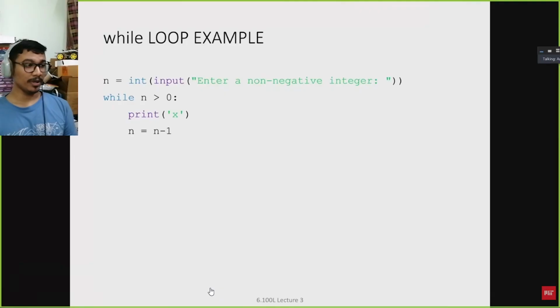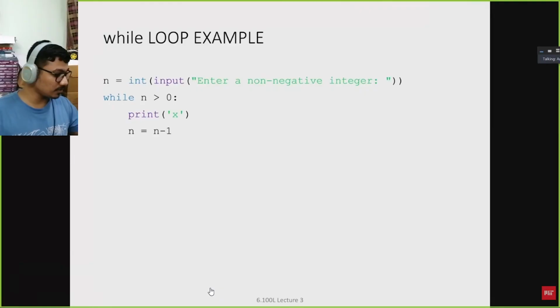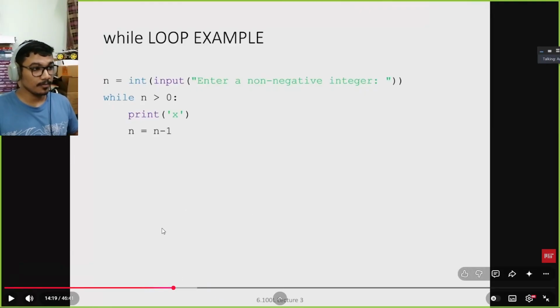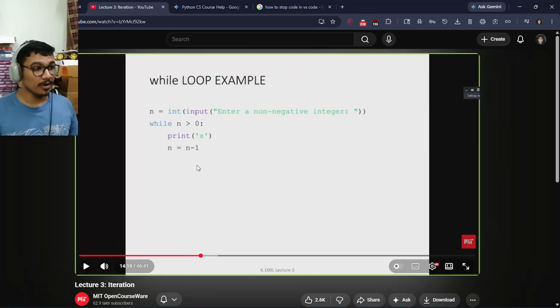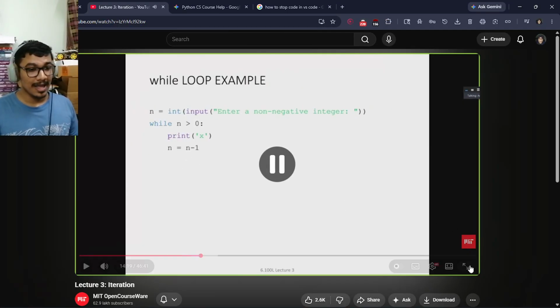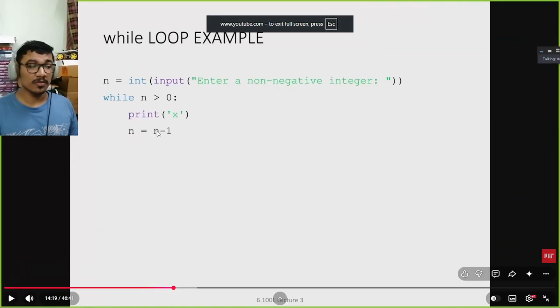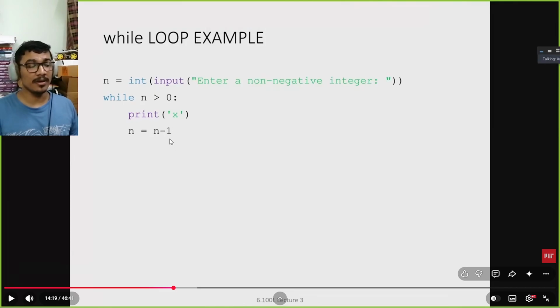So let's say n equals 1 and n is greater than 0. So the new value of n will become n minus 1. So what was the previous value for n? That was 1. So 1 minus 1.